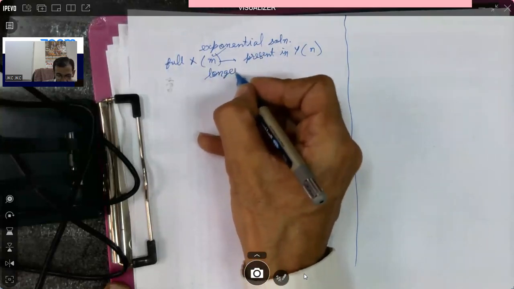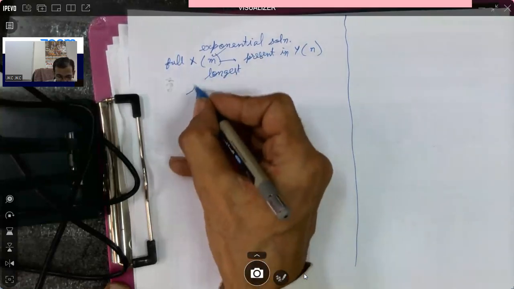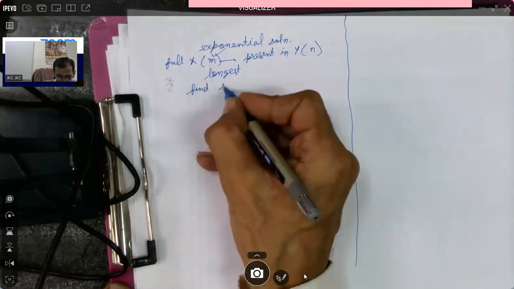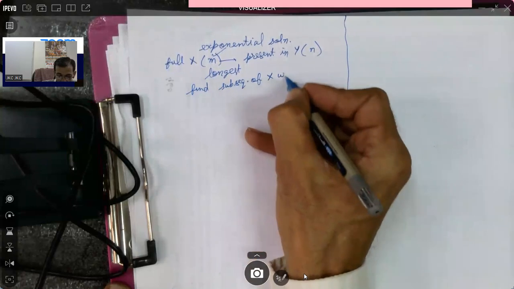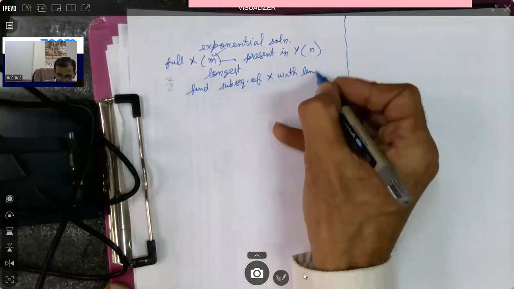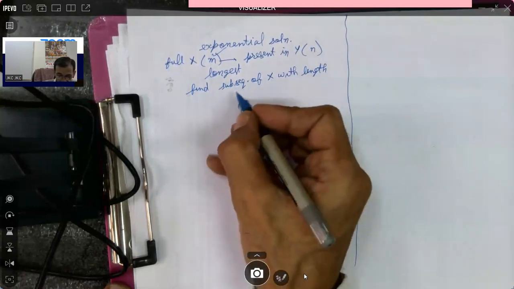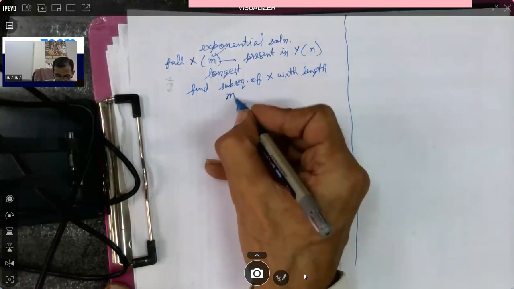But if M is not present, maybe I'll say find a subsequence of X with length M minus 1, so the next level of length.